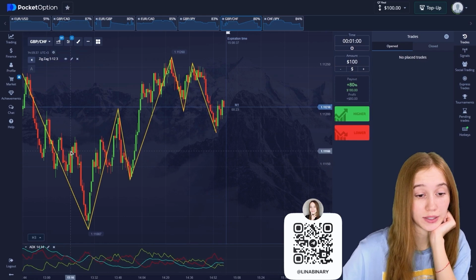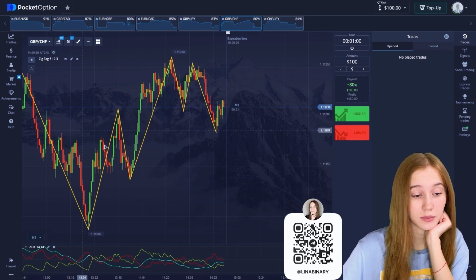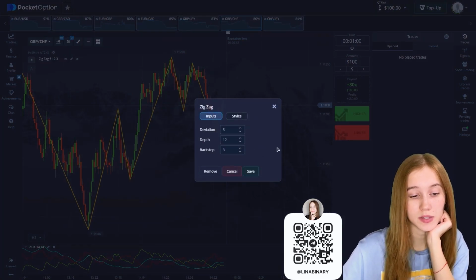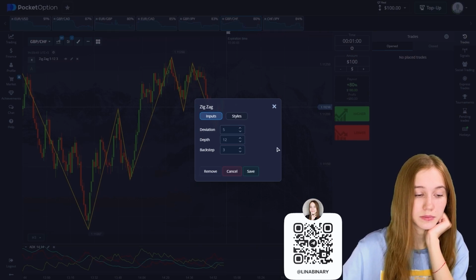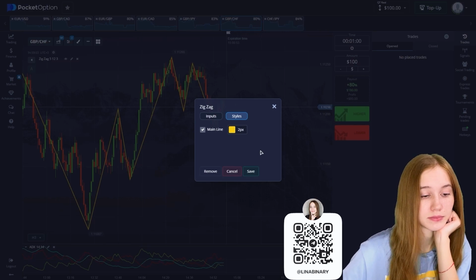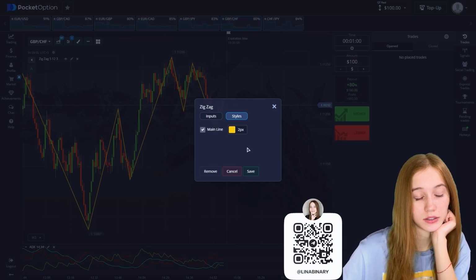I think it will be Zigzag, located on our chart. Here are its parameters. You can pause the video and screenshot it, copy it.